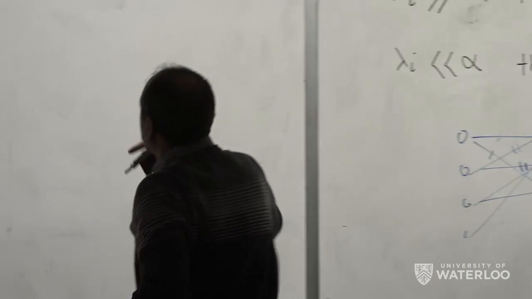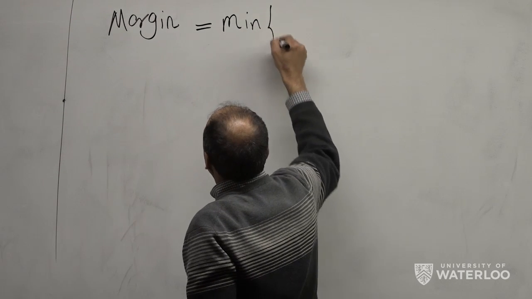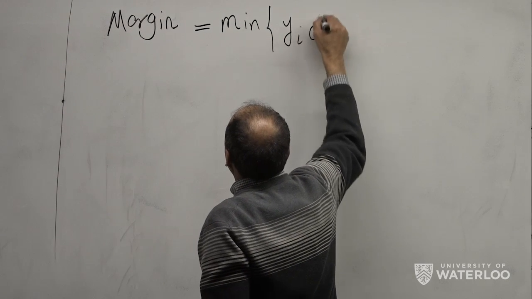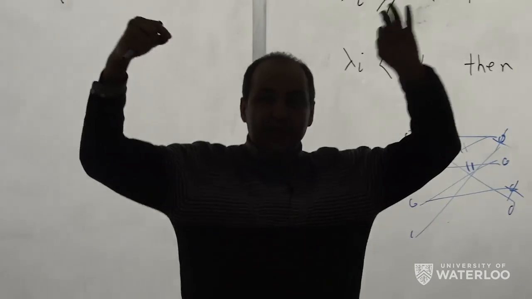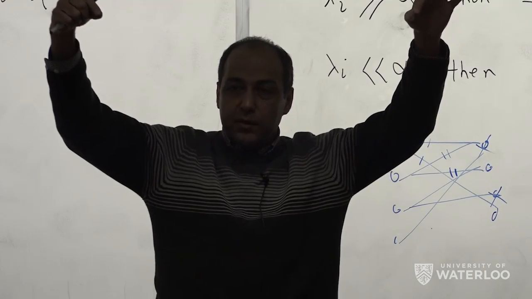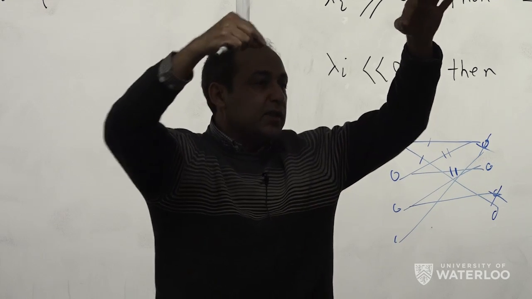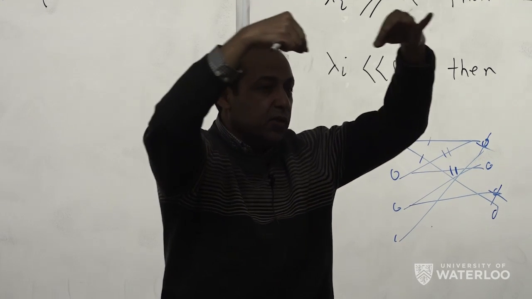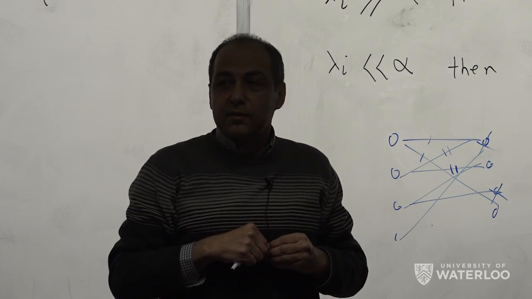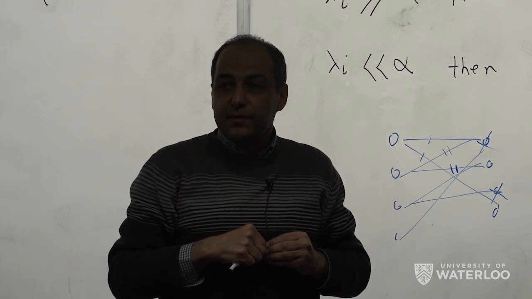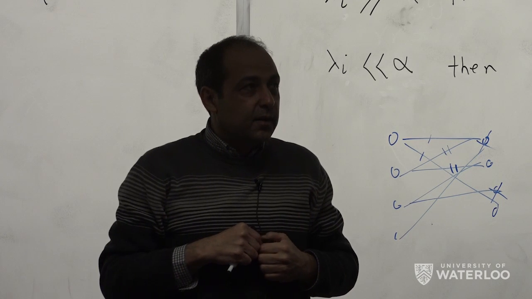So margin would be the minimum of yi di, because yi di is the distance of a point to the hyperplane. Among all points, the one which has minimum distance to the hyperplane, that's the margin. Right? Clear?